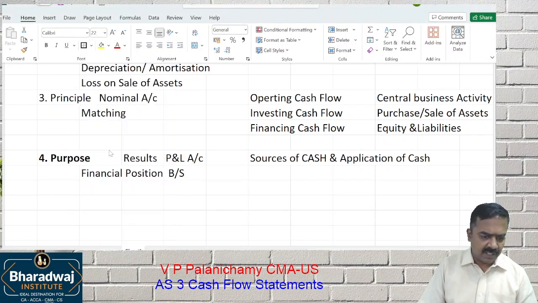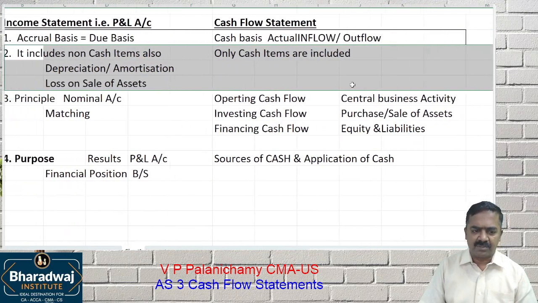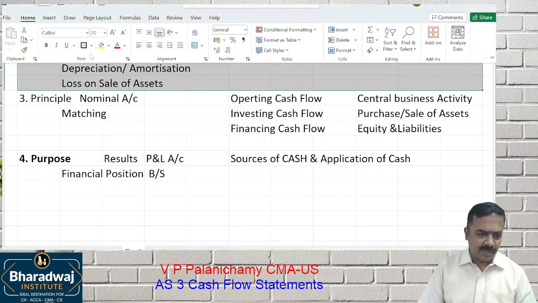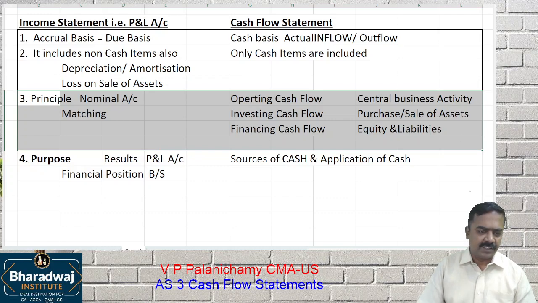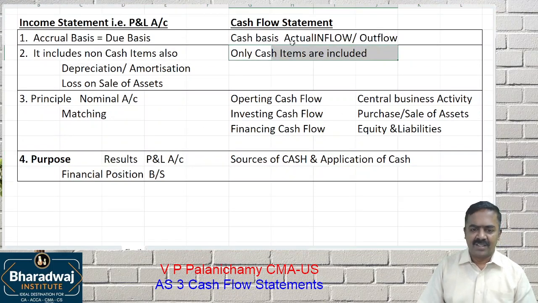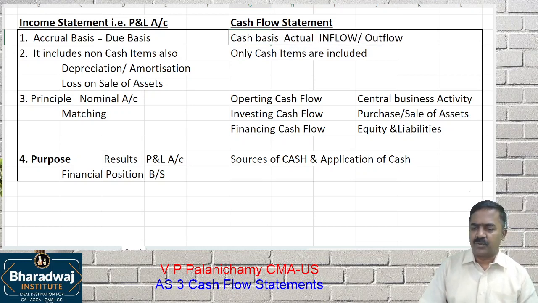So far, whatever we are learning is nothing but why a cash flow statement. If you understand why, now your mind will think, this is how I have to prepare it, this is how I have to include items. While preparing the cash flow statement, will you include non-cash items? No. Will you include estimated amounts or actual inflows and outflows?